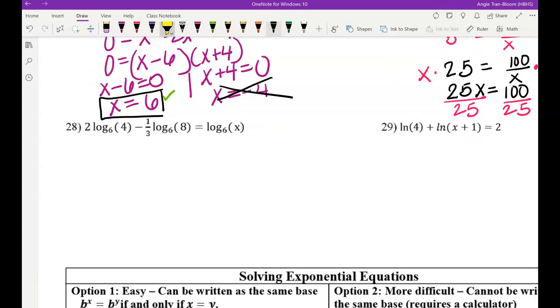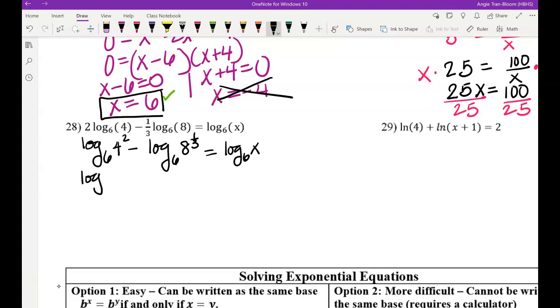Okay, so example 28, let's rewrite the 2 as a power. So log base 6 of 4 squared. Rewrite 1/3 also as a power: log base 6 of 8 to the power 1/3 equals log base 6 of x. The power of 1/3 is the same as the cube root of 8. So we are going to simplify this.